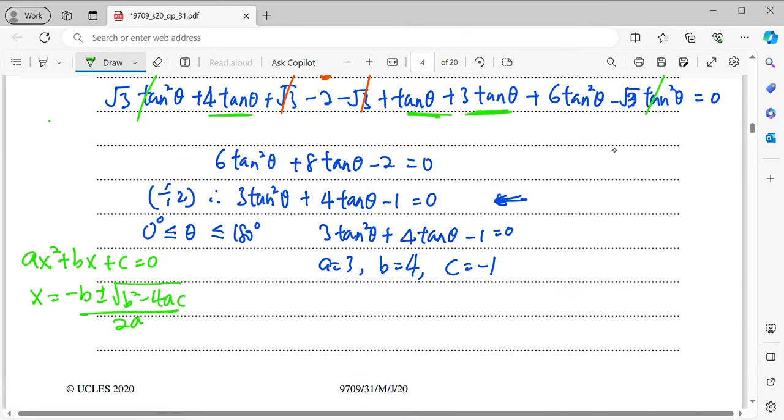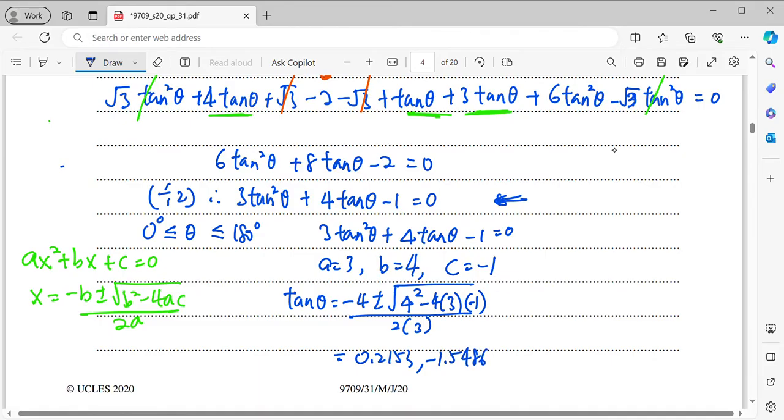So from here, I will be getting tan θ equals (−4 ± √(4² − 4(3)(−1))) over 2a. Then here you will be getting 0.2153 and negative 1.5486. Okay, and now we need to get the θ value. So what I need to do here is I will just continue this side.